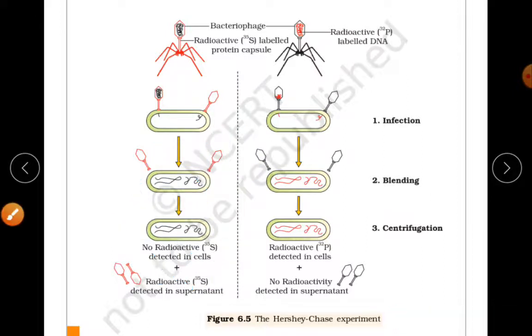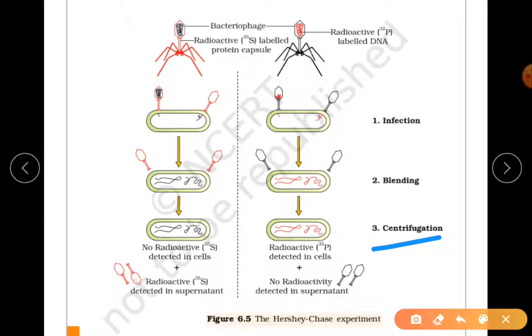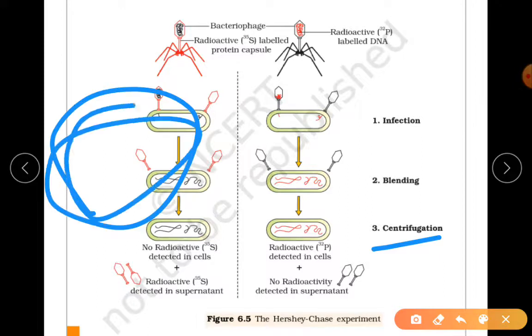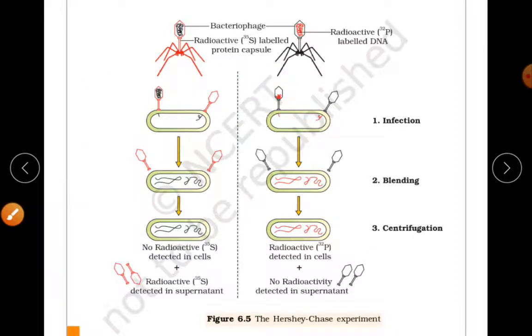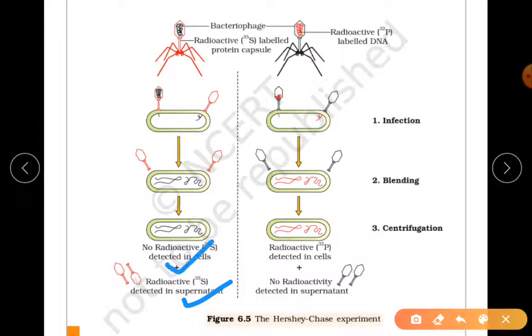Once the blending is done, we have to centrifuge. Using a high force, the test tube goes round and round, so anything heavy will be at the bottom and anything light will be above. Based on that, he got the supernatant, which was floating, and the cells deposited at the bottom of the test tube.